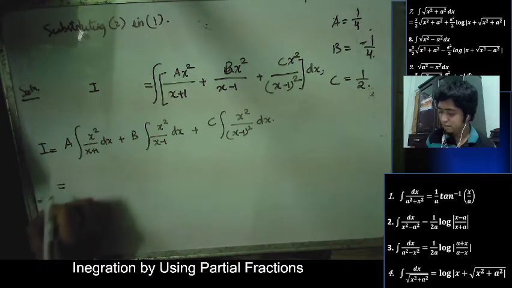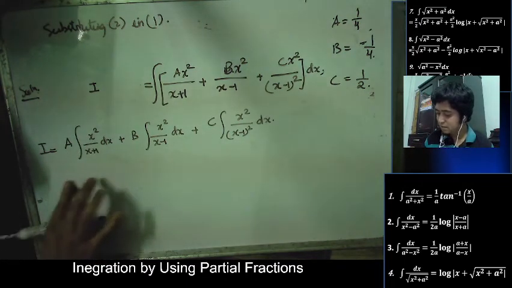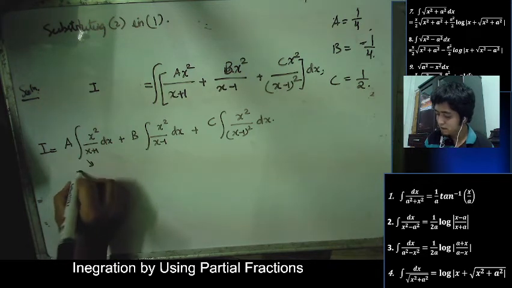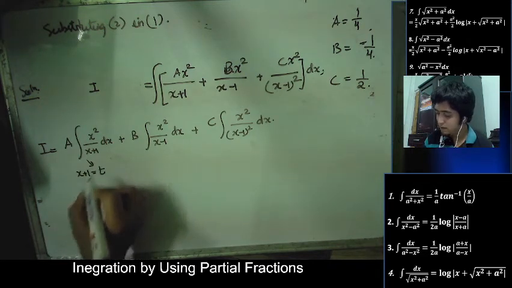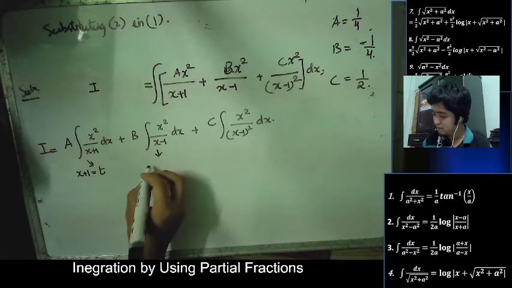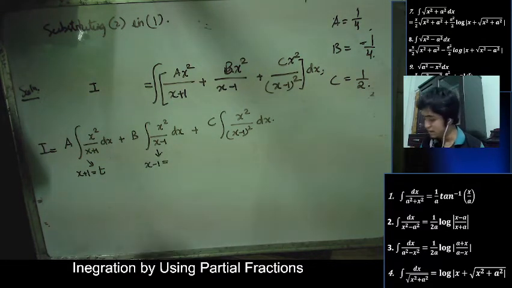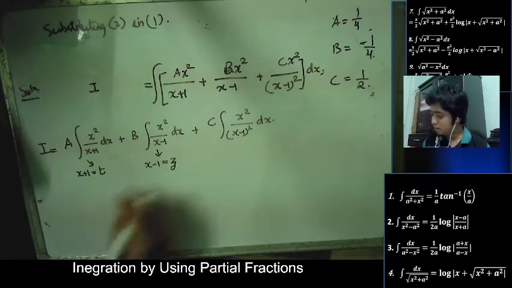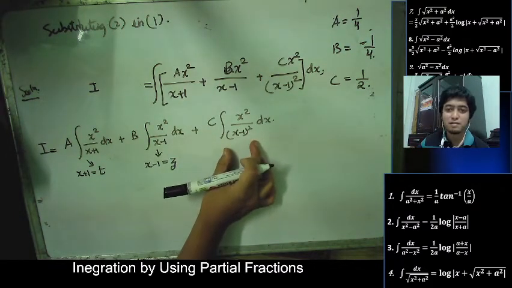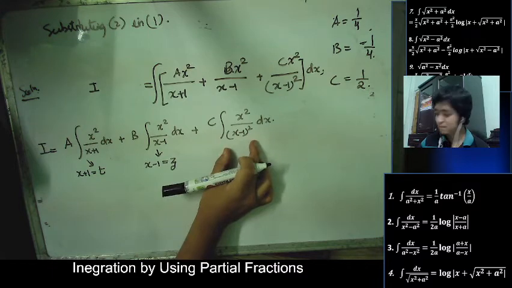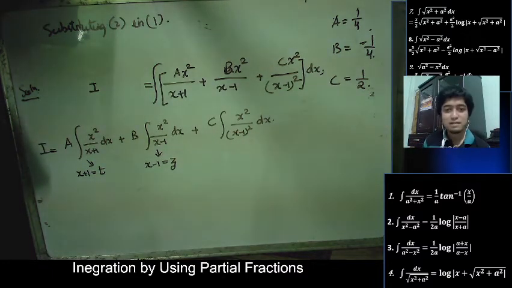This one we can substitute x plus 1 equal to t. This one we can substitute x minus 1 equal to, let us say, z. But how will we integrate this one?